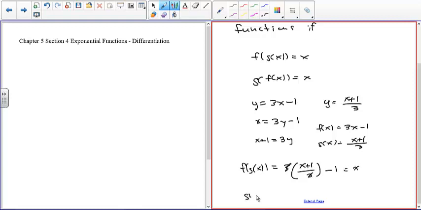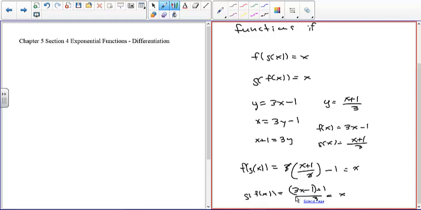And then g of f of x, what you do to go the other way. I did this one into that one, and I could do that one into that one. So that would be 3x minus 1. So I put this value for y into where x is here. So I'd get (3x minus 1 plus 1) divided by 3.